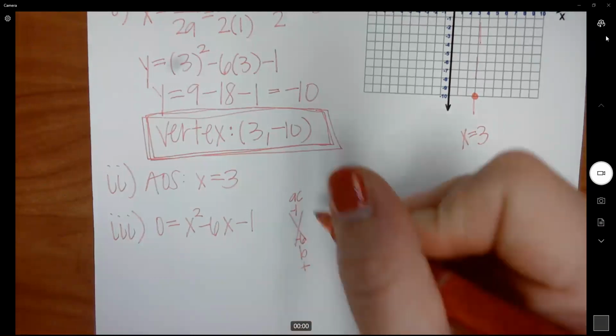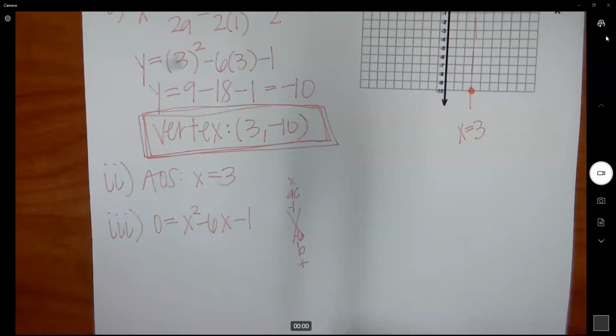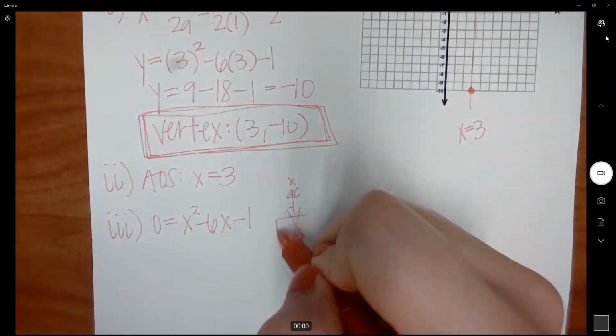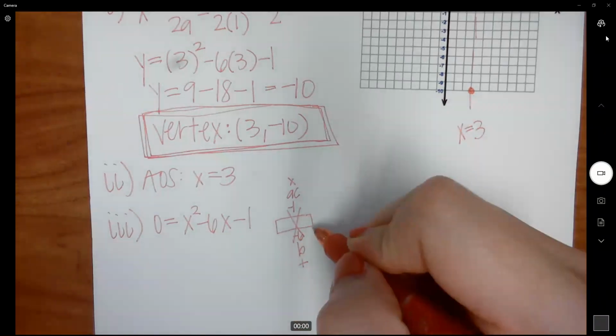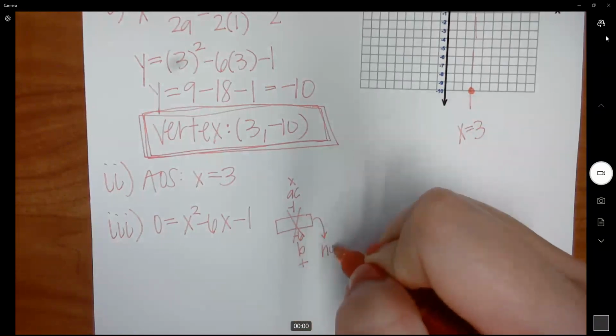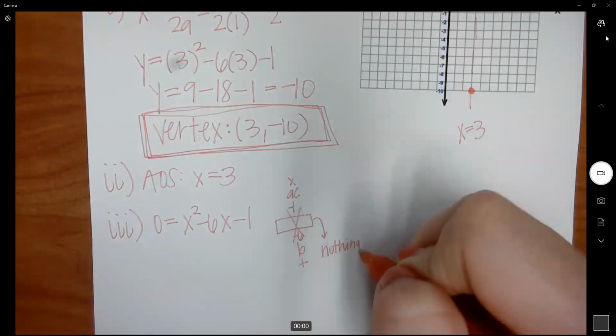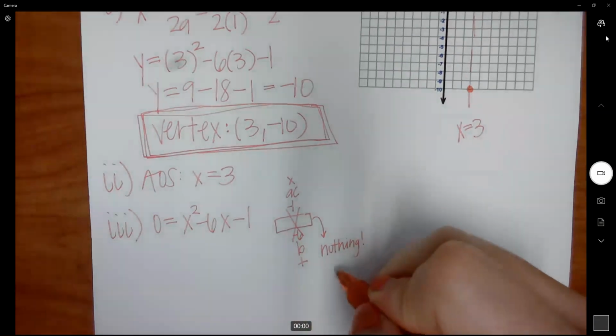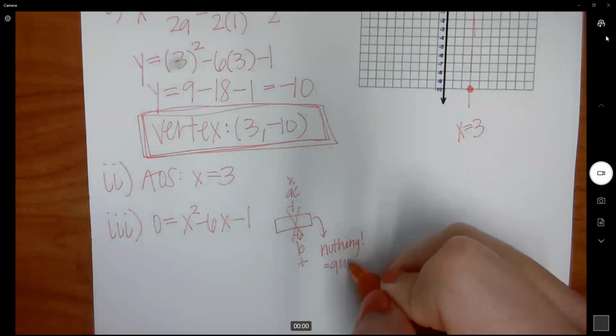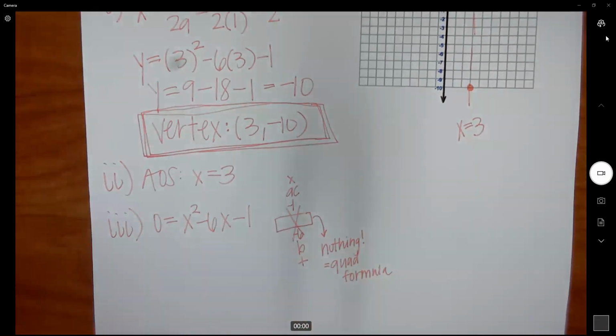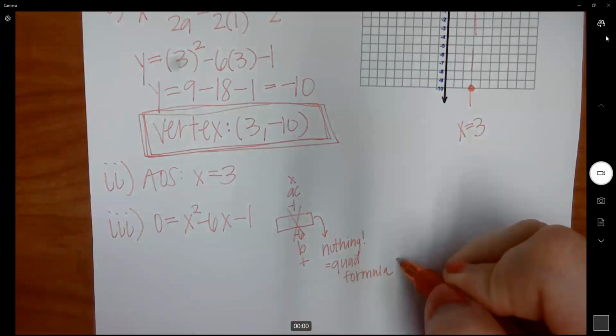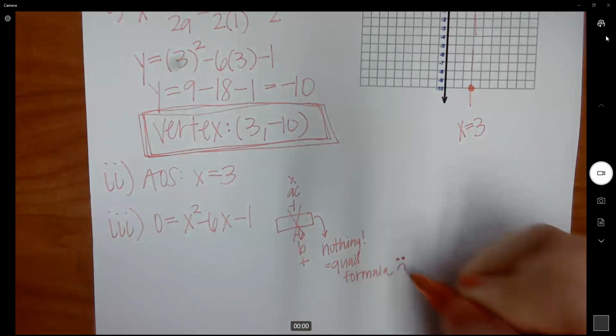What adds up to b and multiplies to ac? Hopefully you said that there's nothing. When there is nothing, this means we have to use the quadratic formula, which makes most of you very sad.